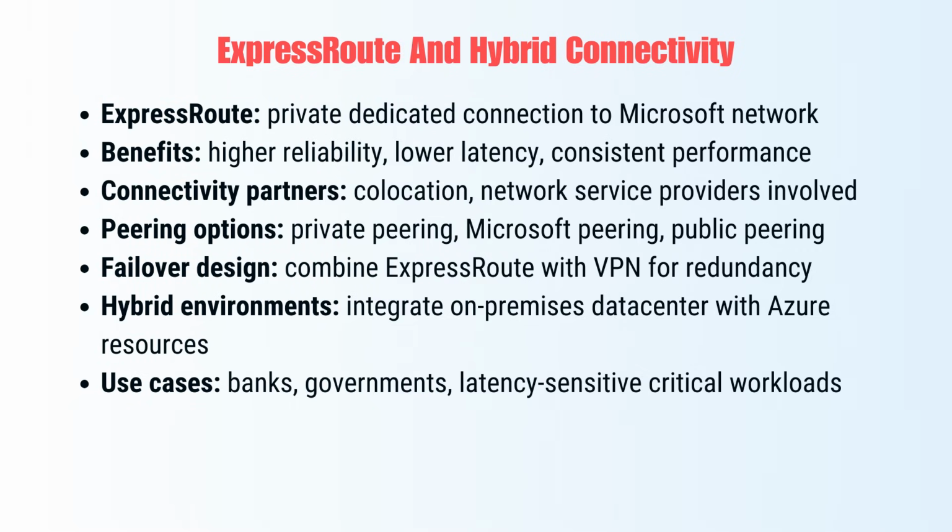From an AZ-900 perspective, you don't need deep configuration skills, but you should know when to choose ExpressRoute: when you need private, non-internet connectivity; when predictable performance and reliability are critical; when regulatory requirements discourage using the public internet. Think of VPN as a secure tunnel over public roads, while ExpressRoute is like having a private highway directly into Microsoft's network. Next, we'll zoom into how individual services are exposed by looking at public endpoints, private endpoints, and service endpoints, and when each is appropriate.